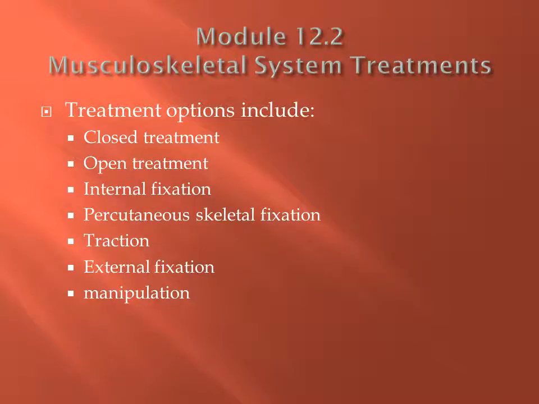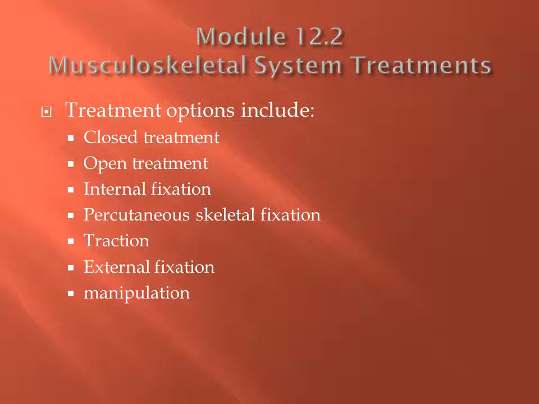Module 12.2 includes the musculoskeletal system treatments. Your treatment options include closed treatment. This is a treatment for a fracture during which the fracture site is not surgically opened. Open treatment is treatment for a fracture during which the fracture is surgically exposed as part of the treatment.